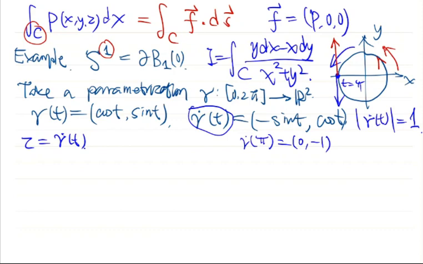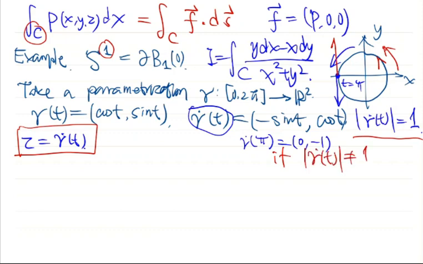But for our anti-clockwise orientation, they coincide. This is useful. Having computed the norm of the tangent vector, we can determine that tau is the derivative of gamma. I remark that if this norm is not 1, then tau should be normalized.